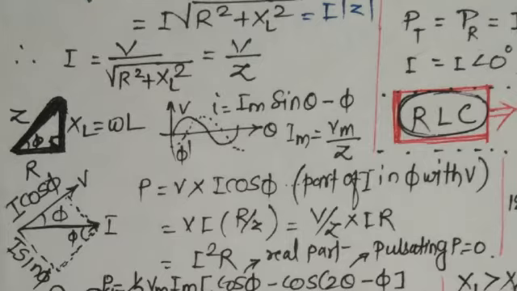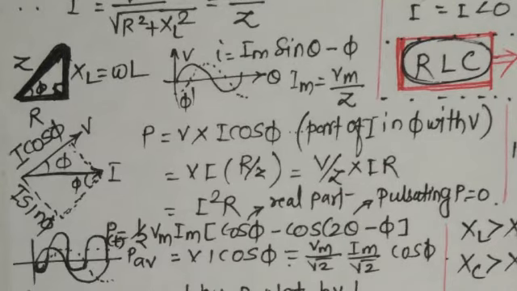Therefore current will be Im sin(theta minus phi), where Im is Vm upon Z, that is maximum voltage upon impedance. In this way we can calculate the waveforms and impedance.